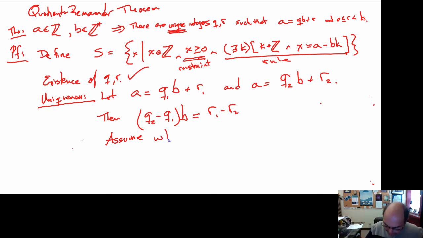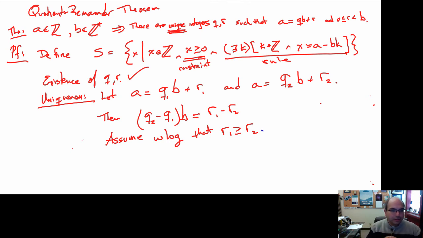They usually write that as WLOG. We'll assume that r1 is the larger of the remainders, r1 is greater than or equal to r2. If the assumption were false, then I just swap q1, q2, r1, r2. So that's why it's without loss of generality.